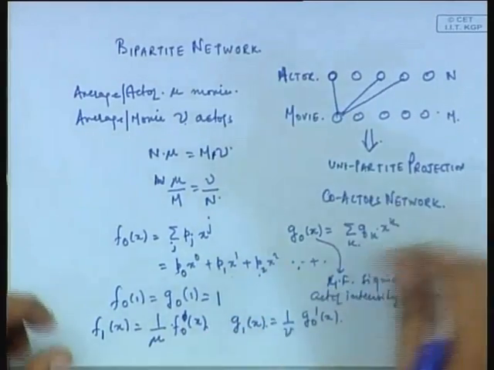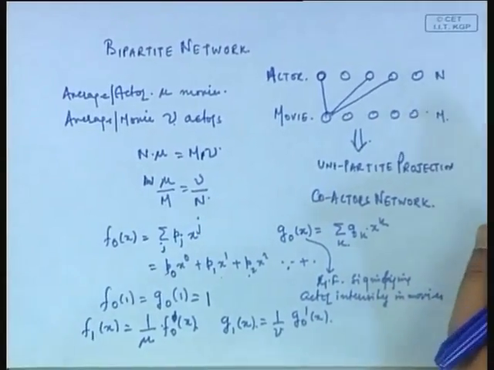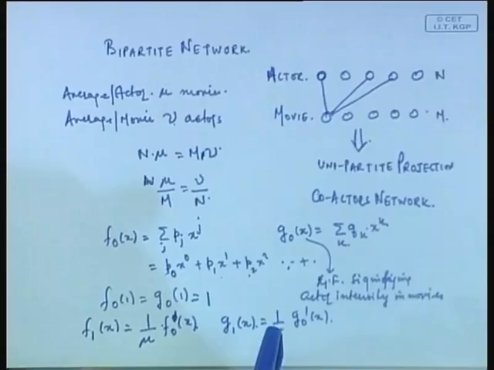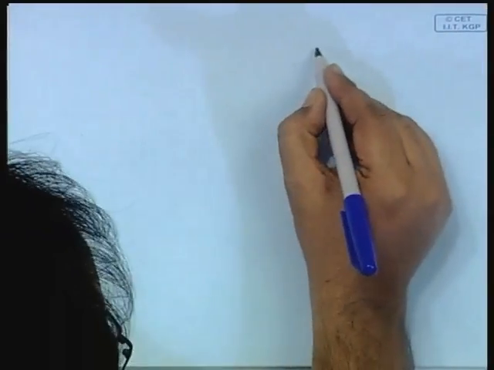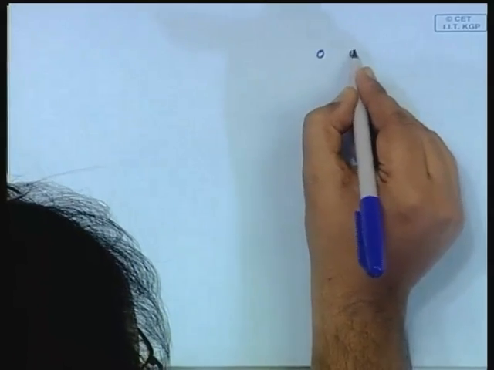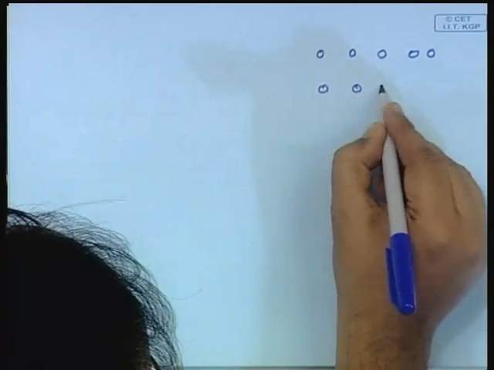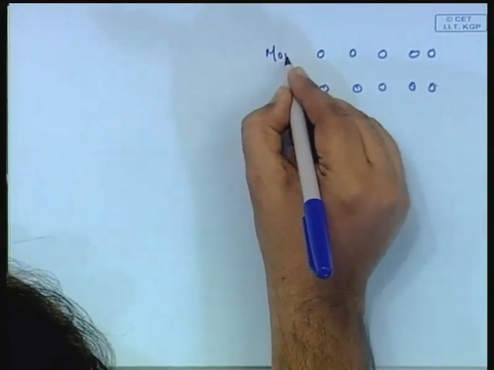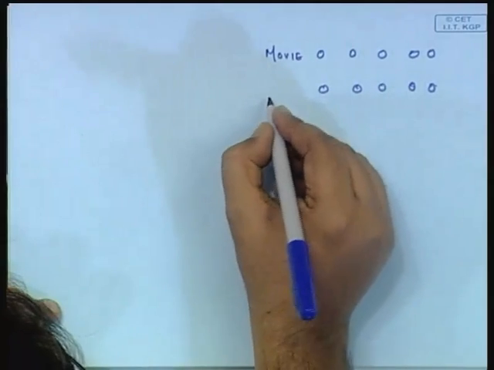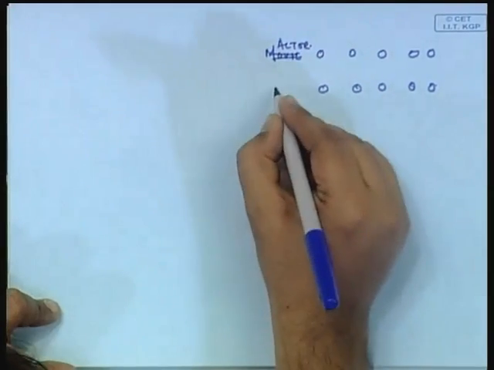Clear? Okay. So we did this H0 x, H1 x. If you remember that, how to go to second neighbor, how to go to first neighbor, we will just use that. So have this again, as movies and as actors and movies.